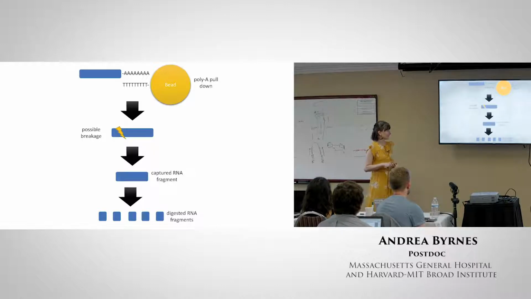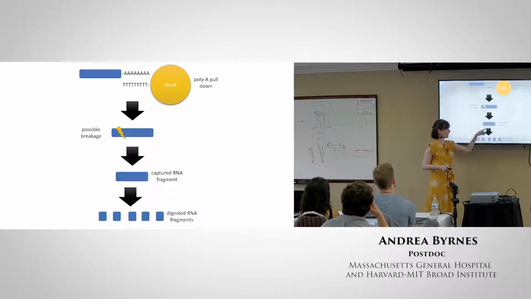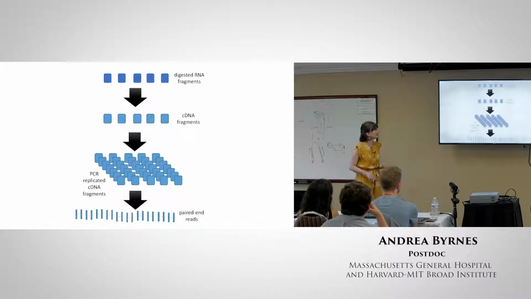And that poly-A tail, if you just stick a bead in your solution with a bunch of single-stranded T's on it, that will hybridize pretty nicely. This strand might break while you're pulling it down off the bead, but you have, at that point, captured a fragment of RNA. And so you can do this in a multiplexed way, and you end up with digested RNA fragments. So this is how RNA is captured in a cell.